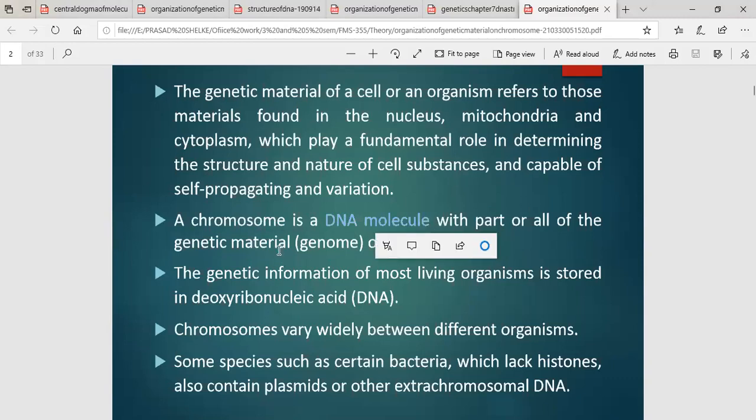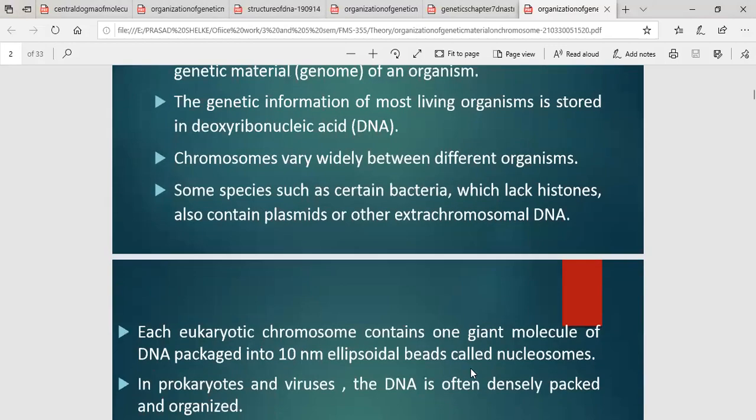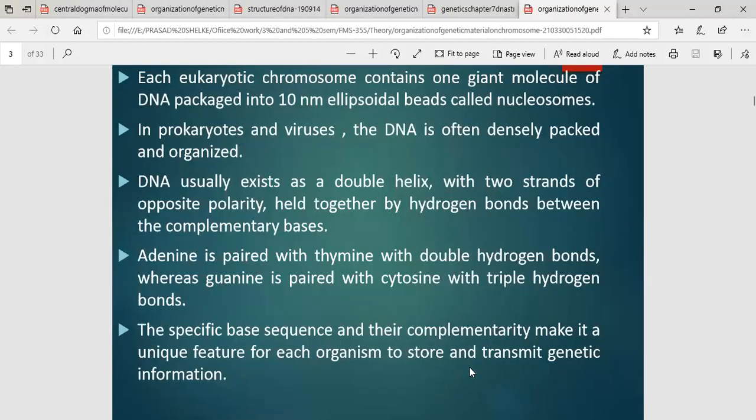A eukaryotic chromosome contains a giant molecule of DNA packed into 10 nanometer fibers of nucleosomes. So nucleosomes are the subunits of the chromosome.